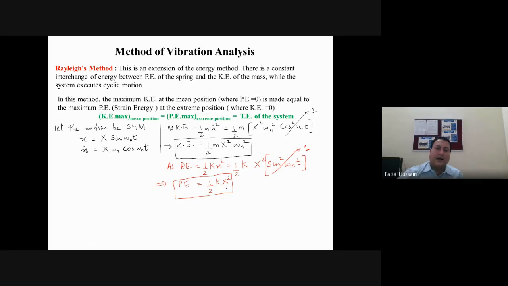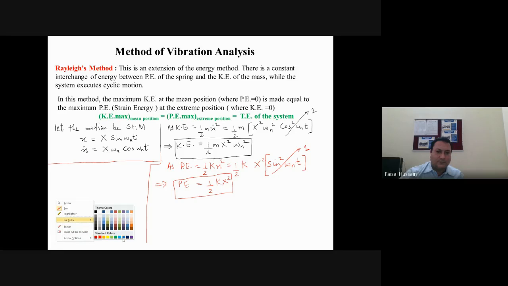Now what we will do? As the question says, the maximum kinetic energy is equal to the maximum potential energy.